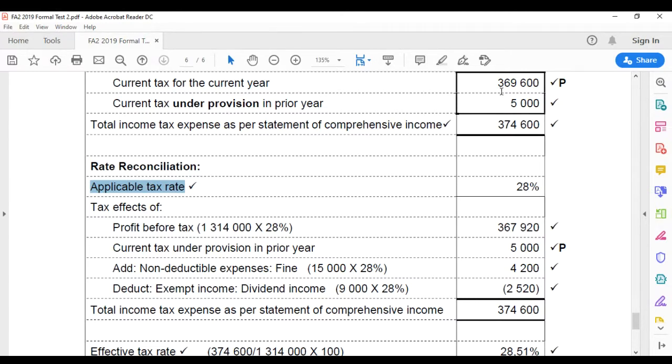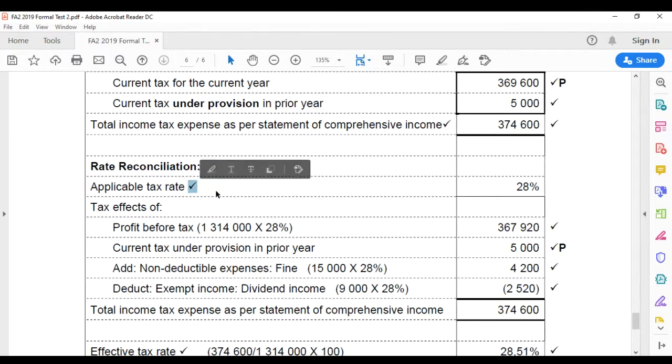Now remember, ladies and gentlemen, you'll have at least two columns here. You'll have this year's column, and then if this is published financial statements, you'll have the previous year's column, what we refer to as your comparative figures. So in each column, you will indicate what was the prescribed or applicable tax rate for that year. So do not write the tax rate there.